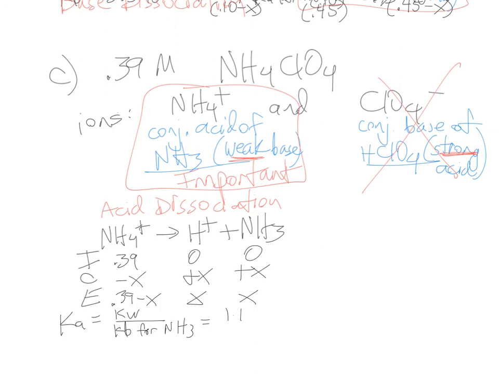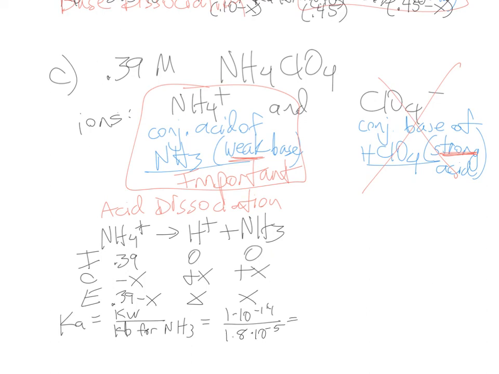Kw, of course, is the ion product constant for water, 1 times 10 to the negative 14th. And if you looked up in either Appendix 5 or Table 14.3 in your book or online, you could find the Kb value for ammonia. It's 1.8 times 10 to the negative 5th.